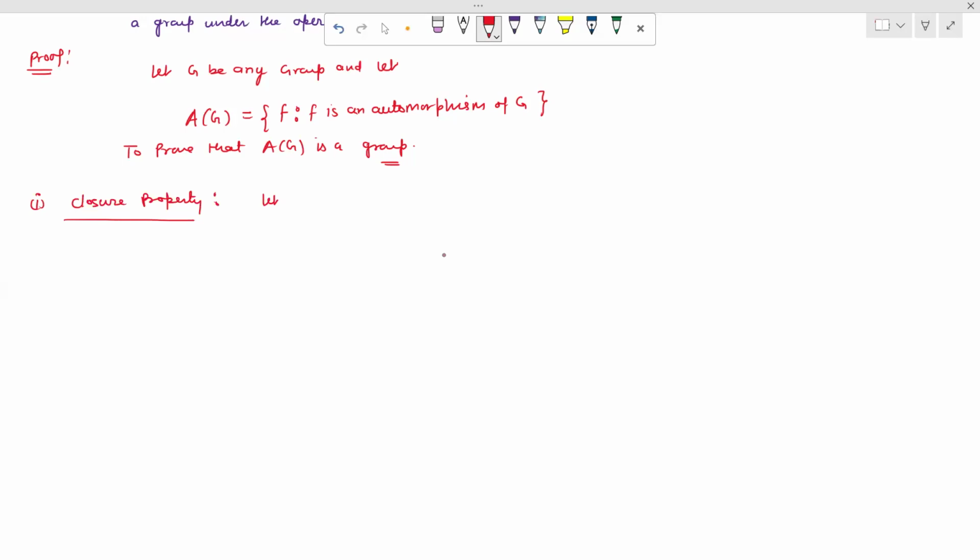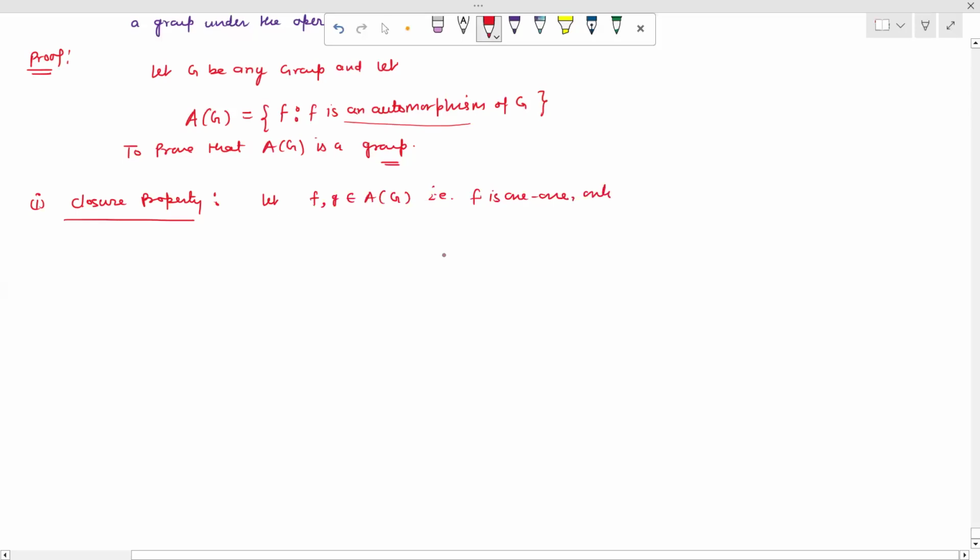So let f and g be two functions which belong to the automorphism of group G. Then the function f is one-one, onto, and a homomorphism.